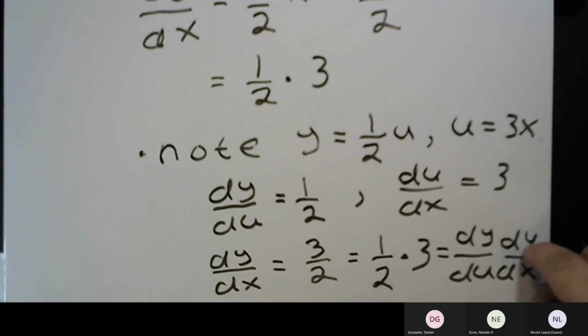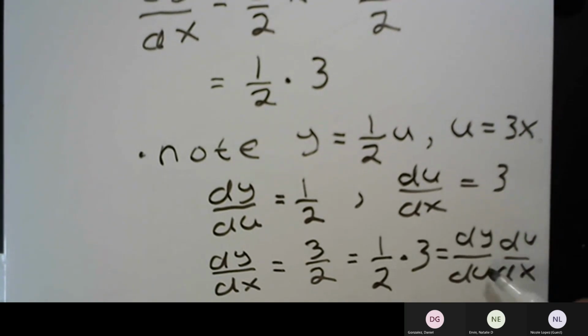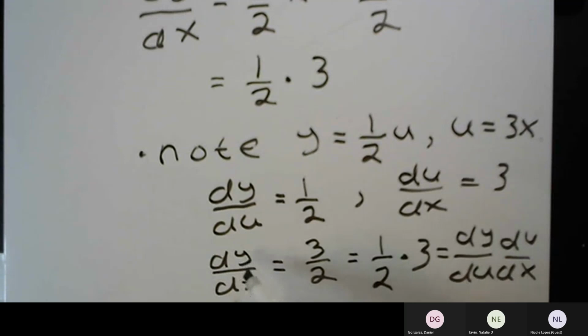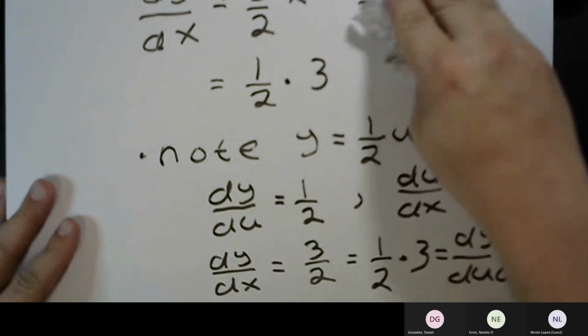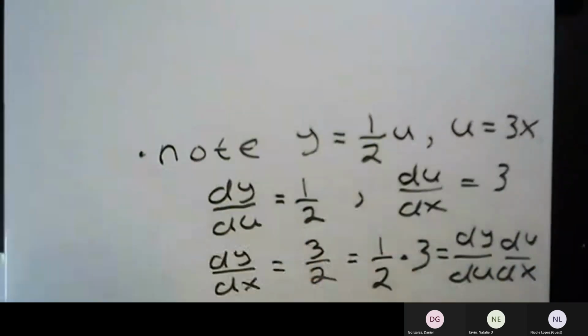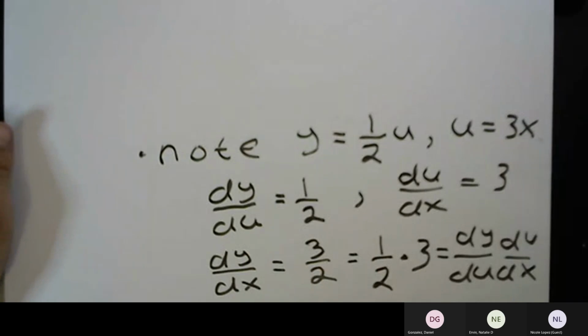You might notice something here: if we treat these as fractions, the du's would cancel, and you would get dy over dx. This is going to be our chain rule. Any questions so far?